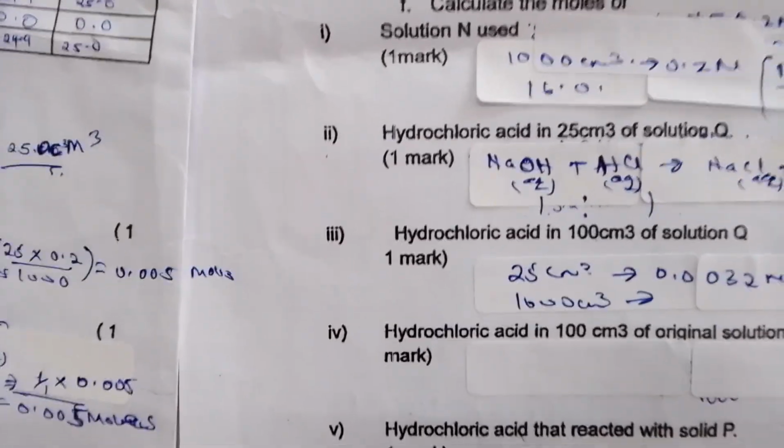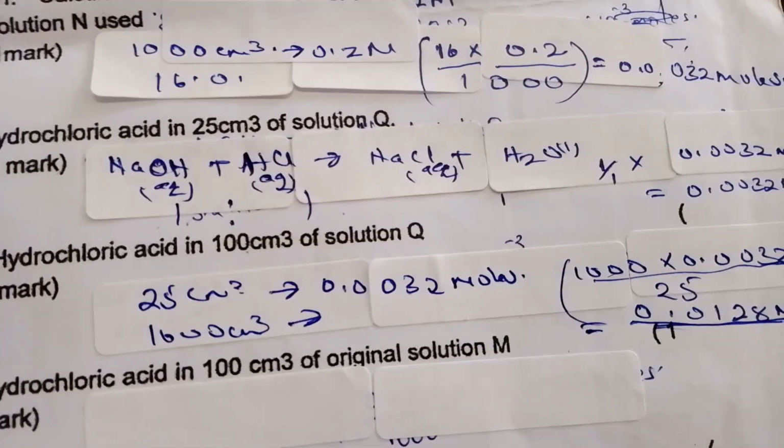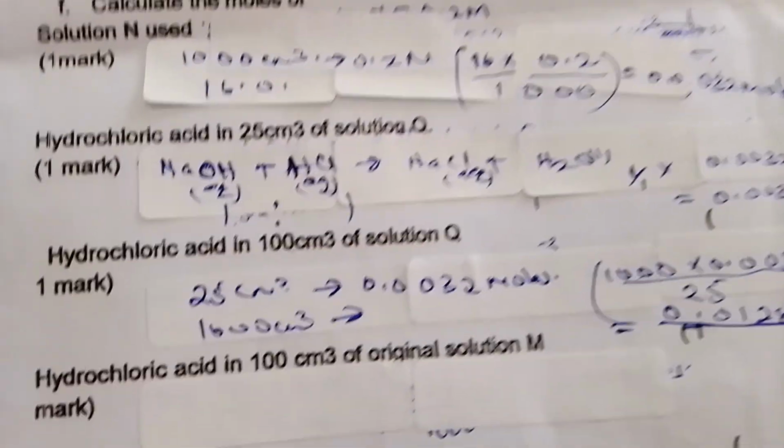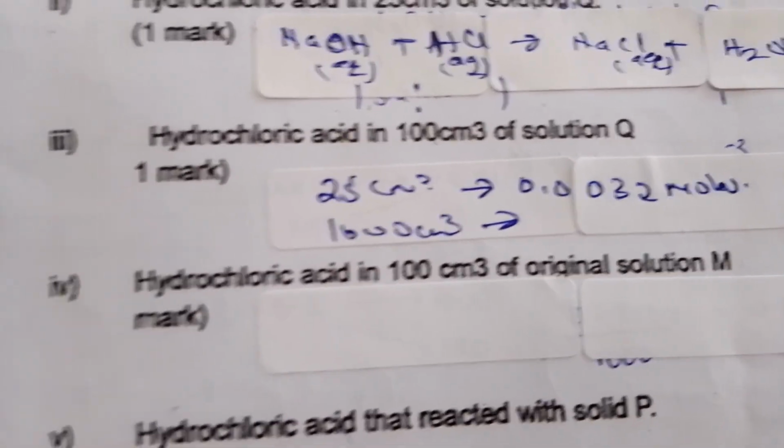Then, number 5 of that part of procedure 2, we were told to calculate the number of moles of hydrochloric acid in 100 of the original solution M. That is 1 mark.